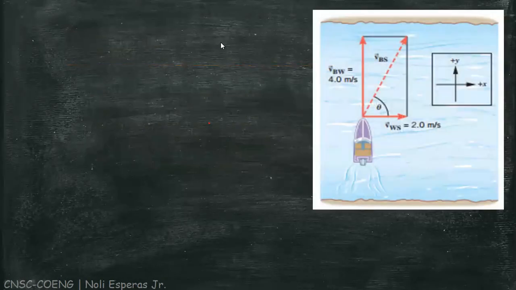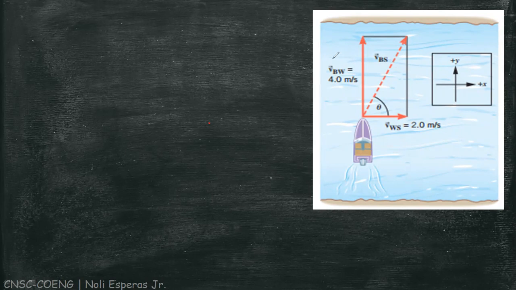So we have here the illustration and the given. This is V_BW, the velocity of the boat relative to the water. This one is the velocity of the boat relative to the shore, and this is the velocity of the water relative to the shore.